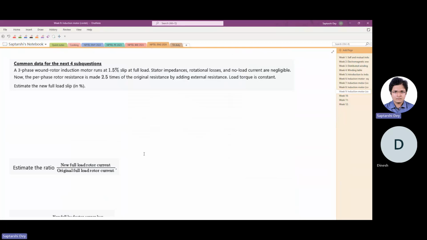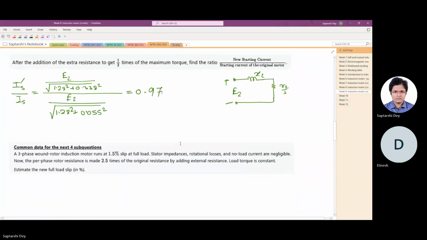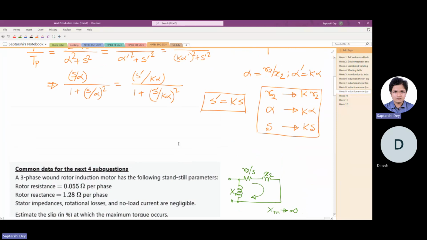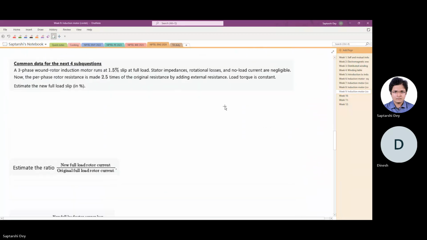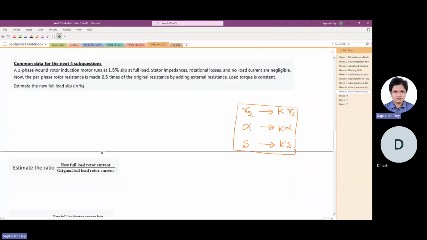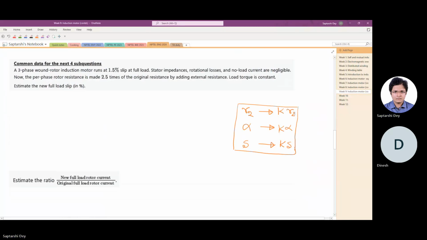So this is what we had discussed. Let us look at it once again. The per phase rotor resistance is made 2.5 times the original resistance. So K is 2.5. Now estimate the new full load slip.